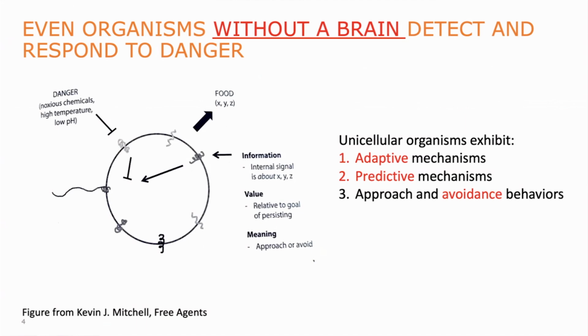So in that sense, we can think of any receptor on this organism as providing information, and that information has value, whether it's food or danger, and it has a meaning. The meaning is approach and avoid. So those fundamental concepts are preserved across all living organisms, and of course they get a lot more elaborated when we have a nervous system and when we have consciousness as well, right?